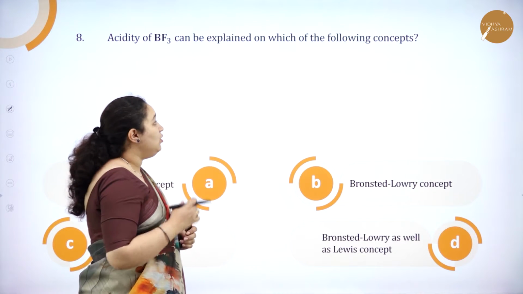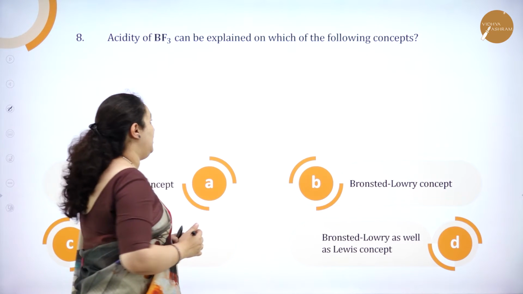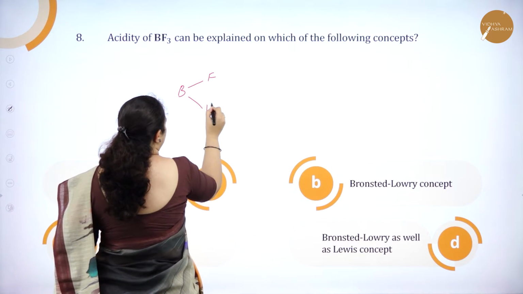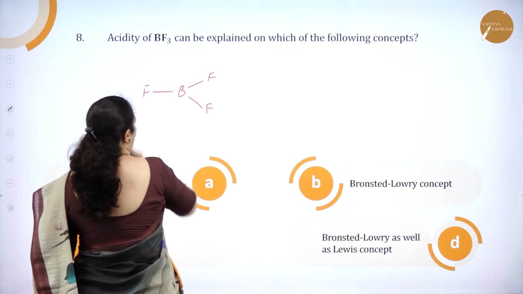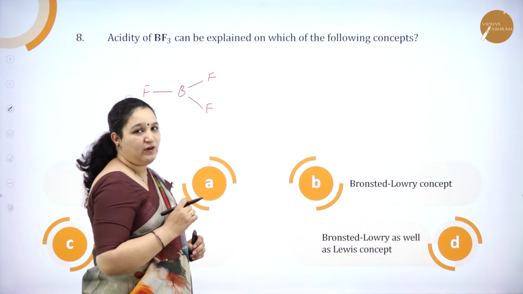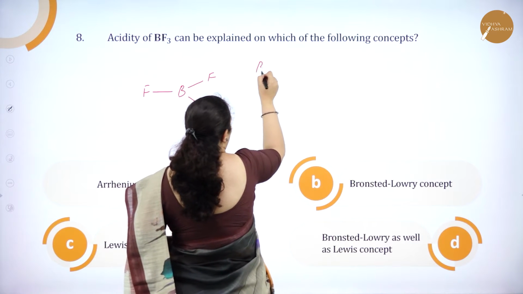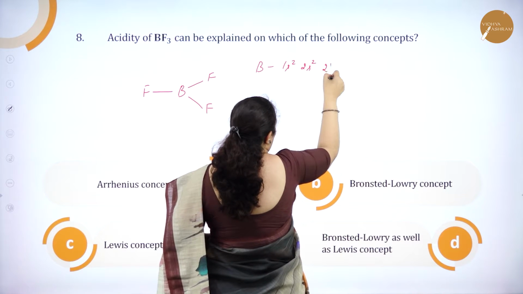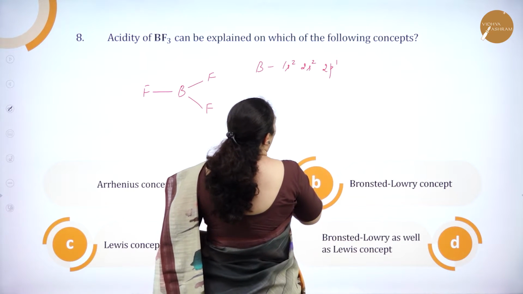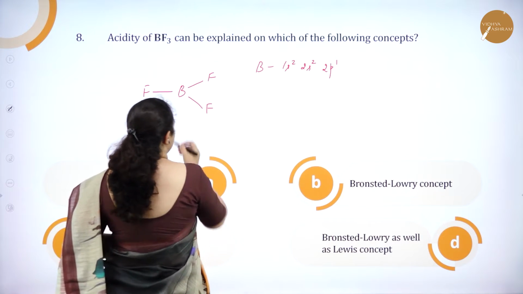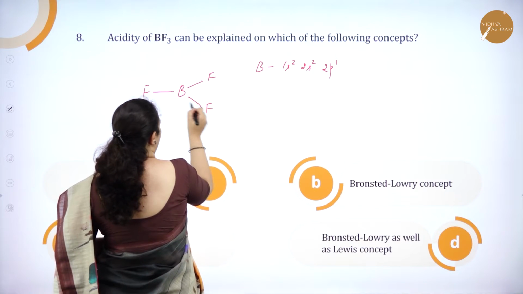So the structure of BF3, if you see, it's like this. What is the electronic configuration of boron? Boron atomic number 5. So I have 1s2, 2s2, 2p1. After formation of BF3, how many electrons has it got? 1, 2, 3, 4, 5, 6.